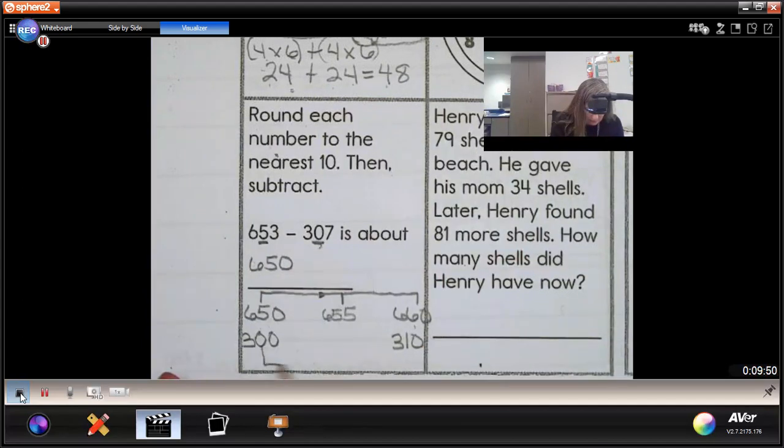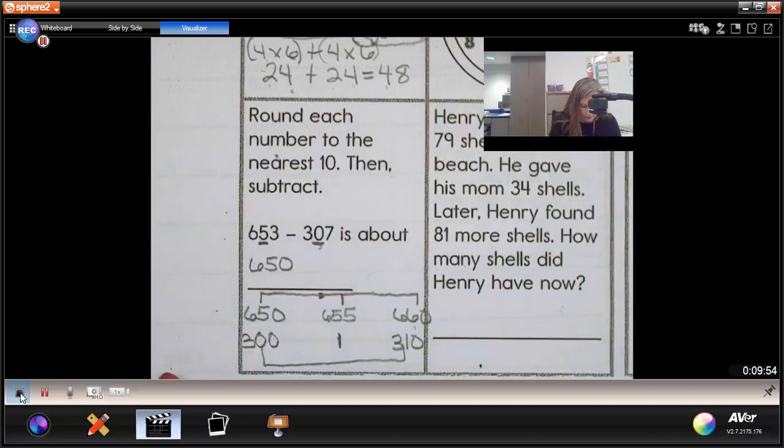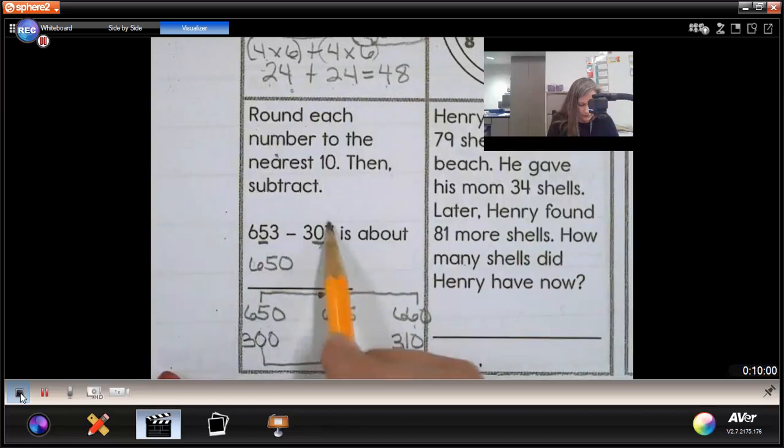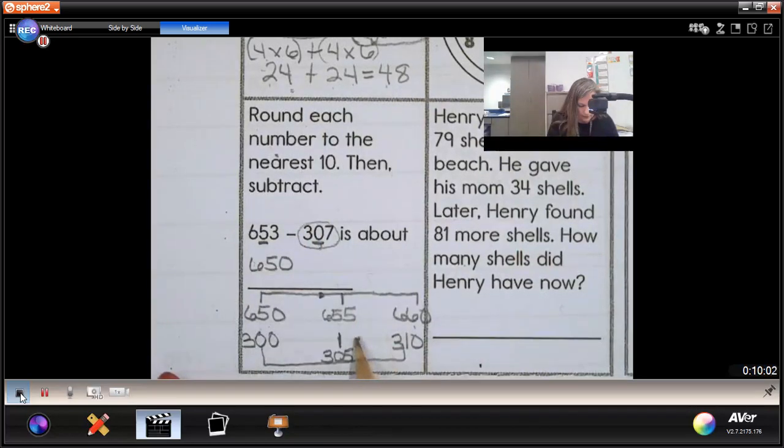And again, remember, 5 is right down that middle. So this would be 305. And 307 would be a little bit past the 5. If there's a 5 in that ones place, this has gone past that. And so that tells me that I'm going to round up to 310.